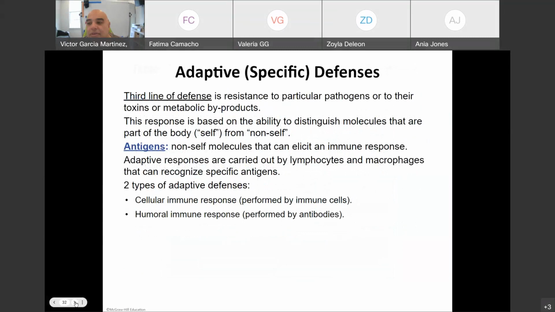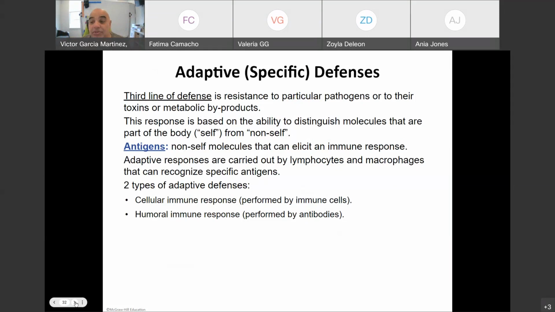And now, guys, we have our third level of defense. First of all, we have our barriers. Then we have innate defense. And finally, we have immunity. We have specific defense against infections.